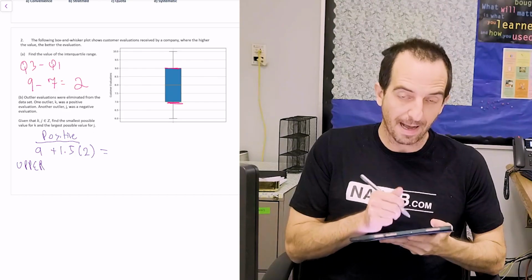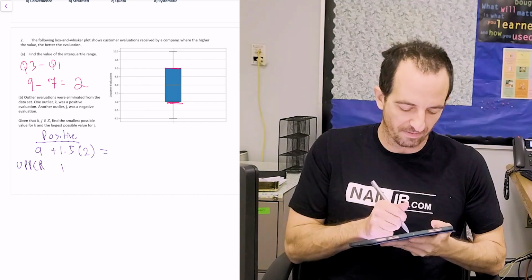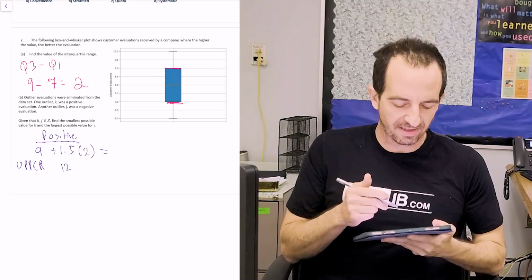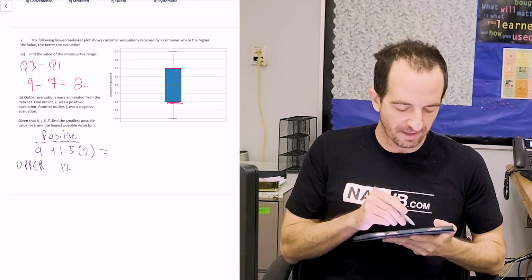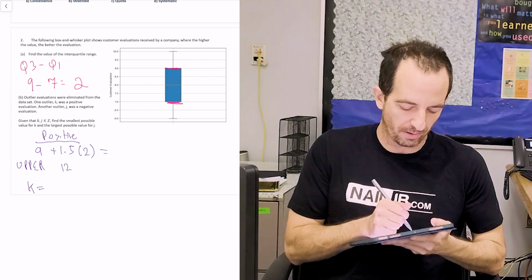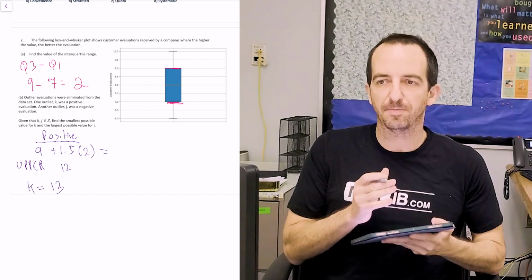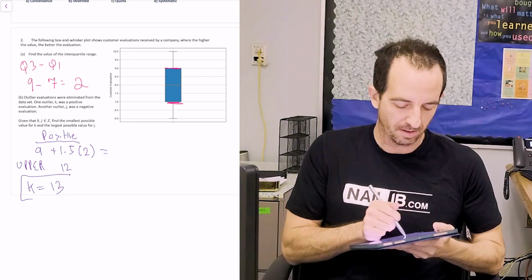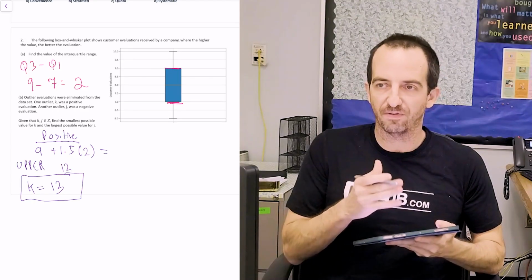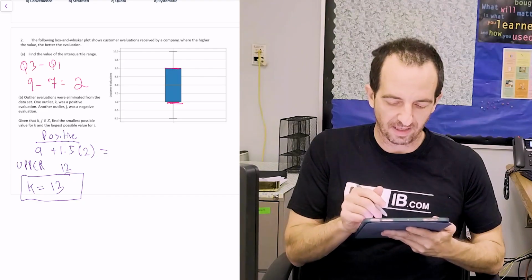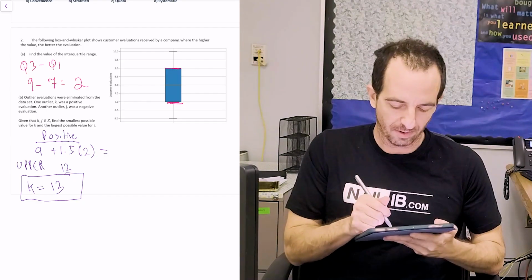Upper boundary to not be an outlier is 12. So anything higher than 12 would be an outlier. So the smallest possible value for K would equal 13. 13 is the smallest possible positive outlier, given that we're working with integers. 12 is not an outlier. It's not outside of that 1.5 range. It's right on, that's the border.